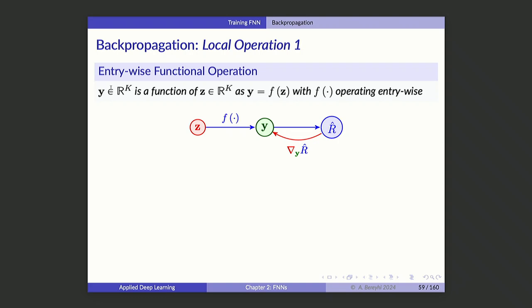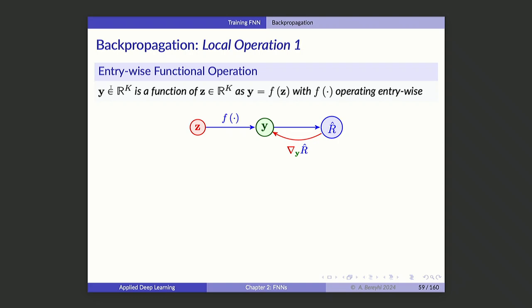And we know that this vector y is coming from another variable like z. What we wanted to see was, if we already know the gradient of r hat with respect to y, how we can get from it the gradient of r hat with respect to z. Correct?